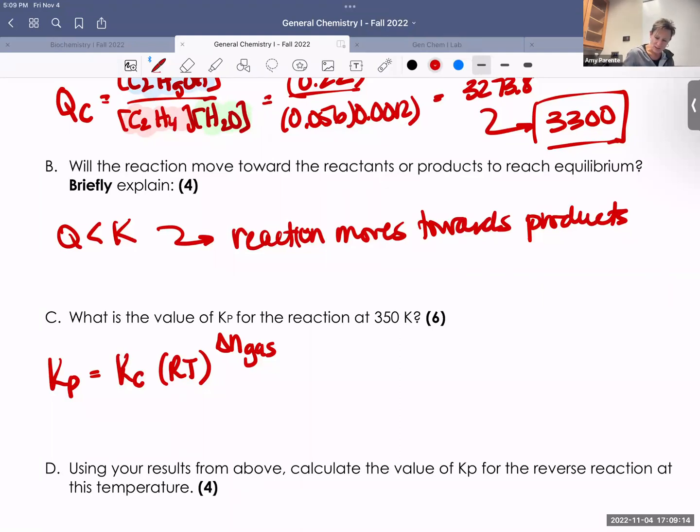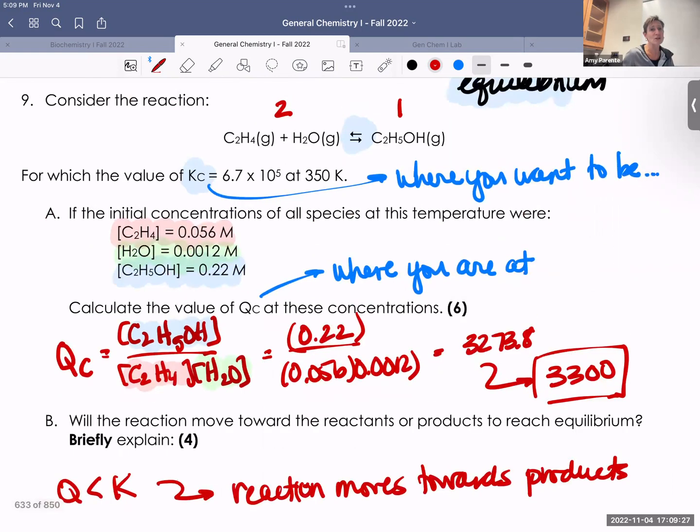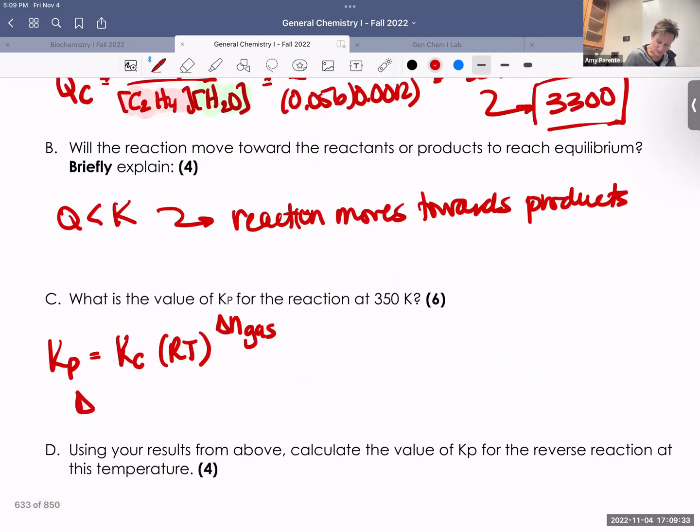So if we think about what we have here, we've got 1 mole of product gas, and 2 moles of reactant gas. So our delta n is going to be equal to -1. That makes sense? Okay, so delta n is going to be equal to -1. So we're going to use that here. Kp is going to be equal to the Kc value that was given.